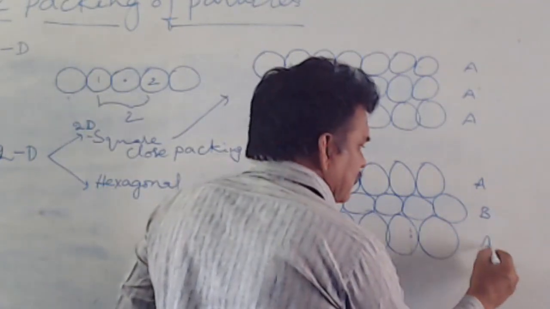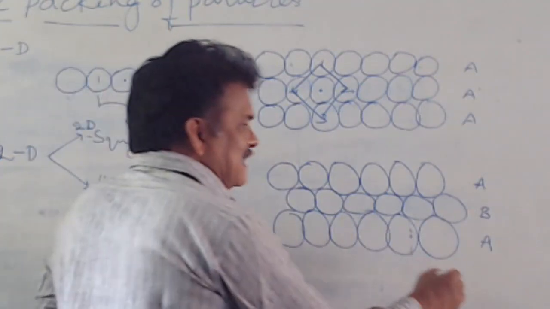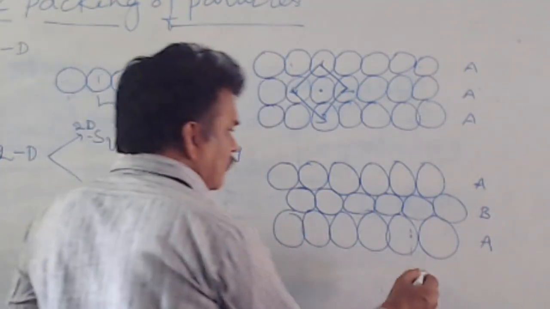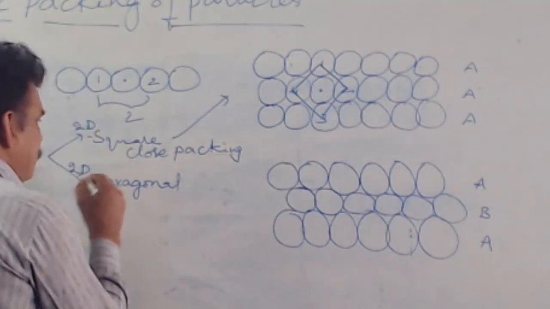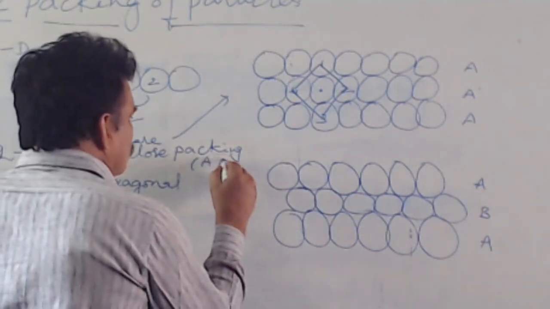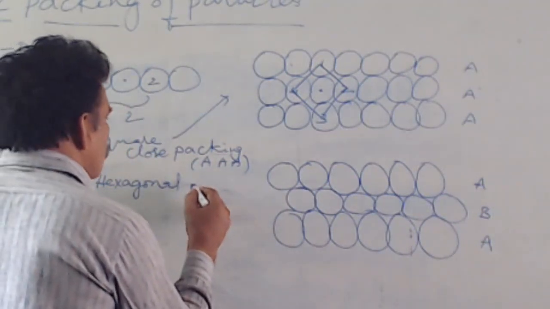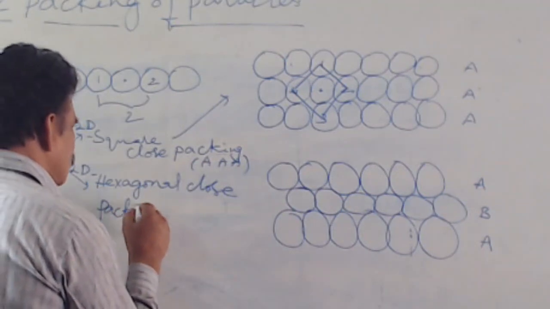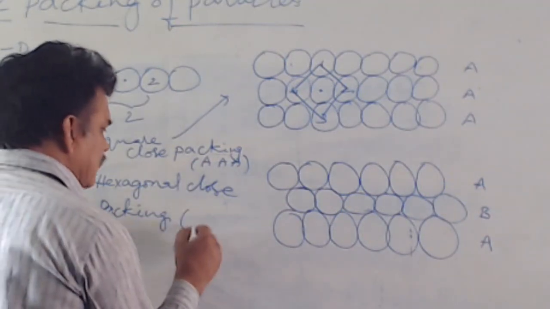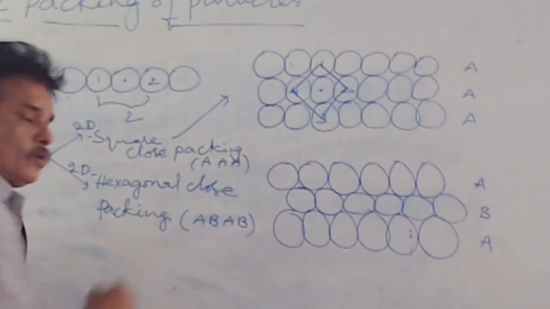So this can be taken as A. So this is called AB type of two-dimensional close packing. This is called two-dimensional hexagonal close packing.